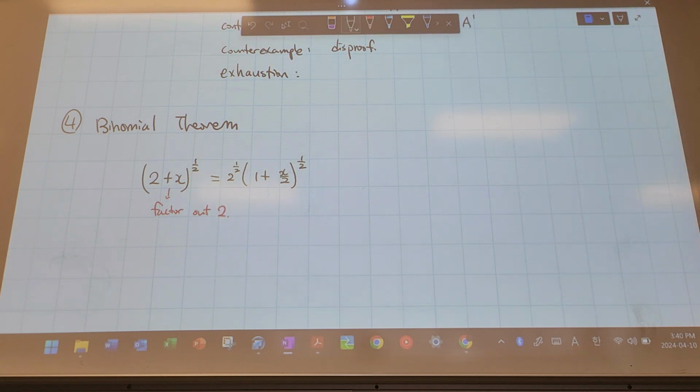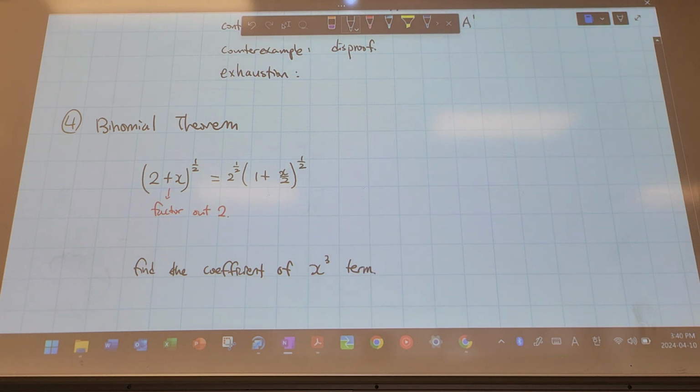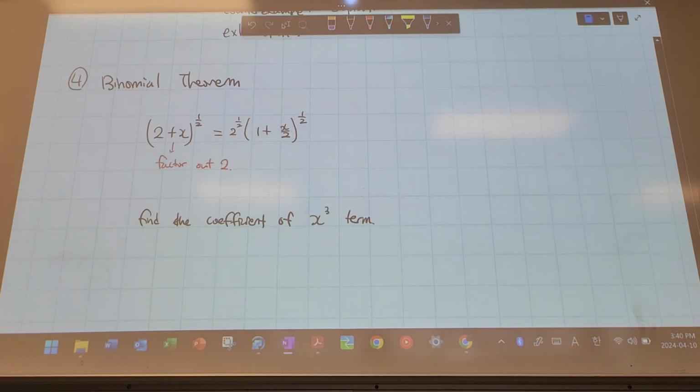Another thing to note when we're doing the binomial theorem is that quite often the question will be like, find the coefficient of, let's say, the x to the power of 3 term. This happens especially when you're trying to find the binomial theorem of 2 different parts, and then you have to multiply them together. IB exams are about time management too, so you need to find a quick and fast way to approach this.